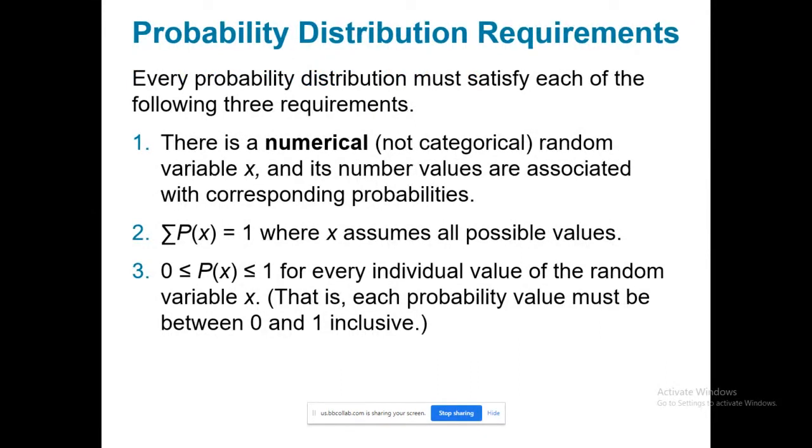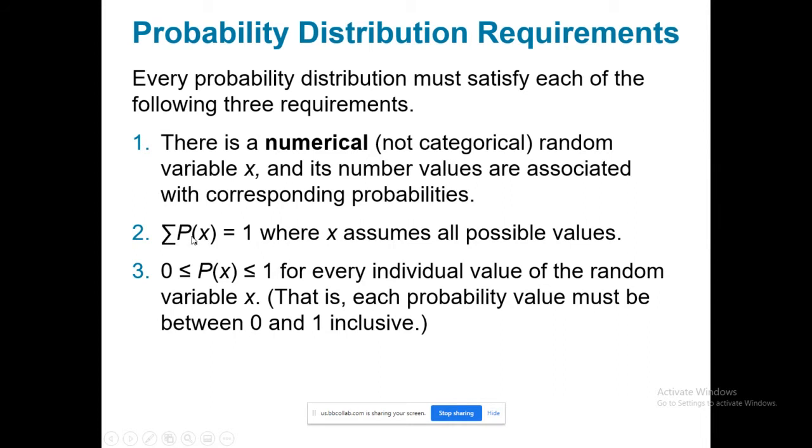In a probability distribution, and keep in mind a probability distribution can consist of discrete random variables or continuous random variables, but no matter what the random variable, there are three conditions. The first condition is that there is a numerical random variable x. Here again, the random variable x has to be a number, okay, not a category.